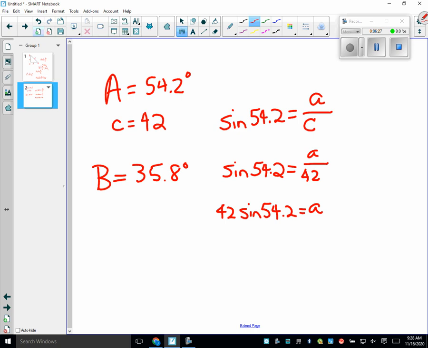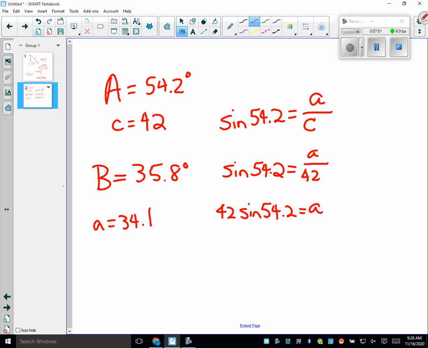Degrees, yes. It says round to one decimal place. Did you all agree with him? 34.1. So A is 34.1.